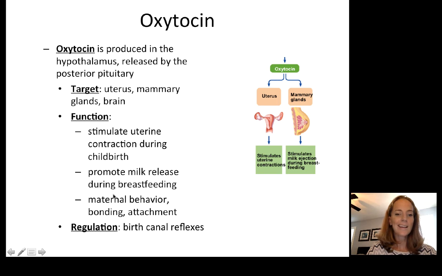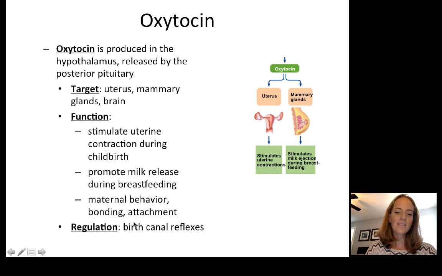As an aside, oxytocin is also often called the love hormone because it's released during sexual activity, particularly during orgasm. So oxytocin sometimes is the love or orgasm hormone, which relates to its role in social bonding and attachment.